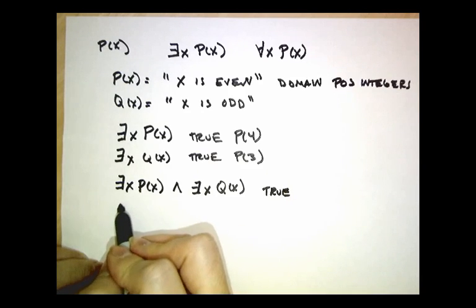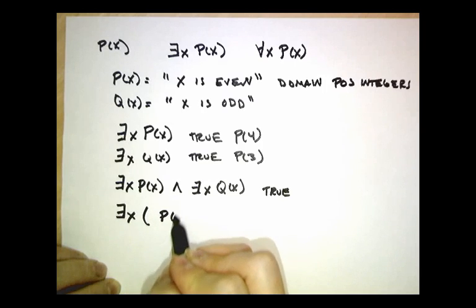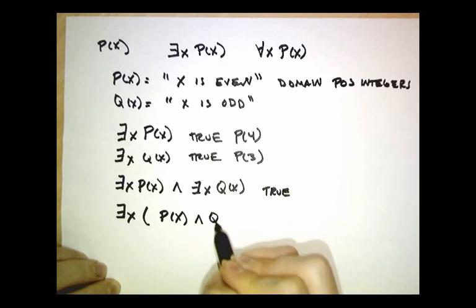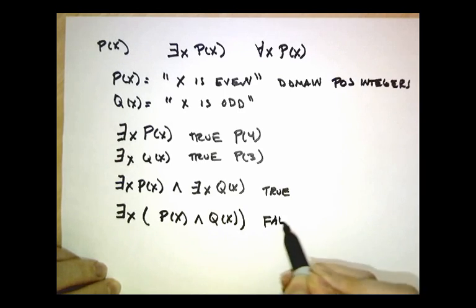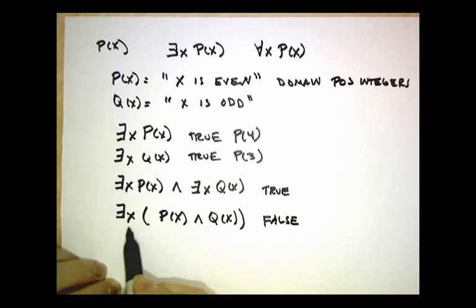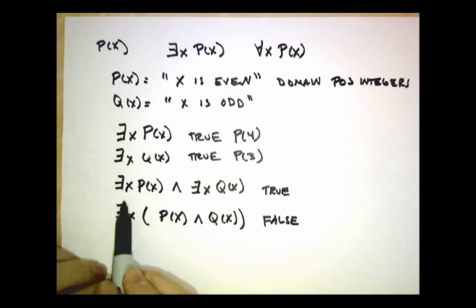But how about this? There exists an x such that p of x and q of x. Is this true? No, this is false. Why? Is there a positive integer that is even and odd? No.